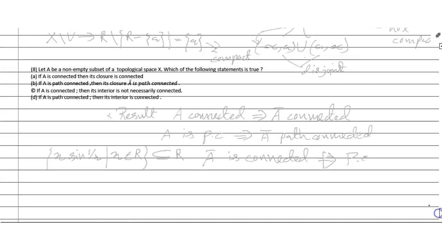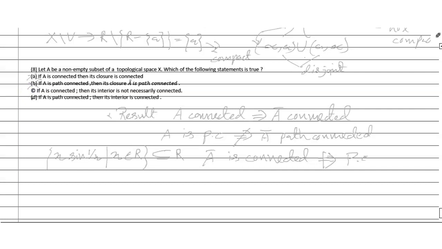So this is not possible: A is connected, then its closure is connected. This is not possible: if A is path connected, then its closure is path connected. This is not possible.